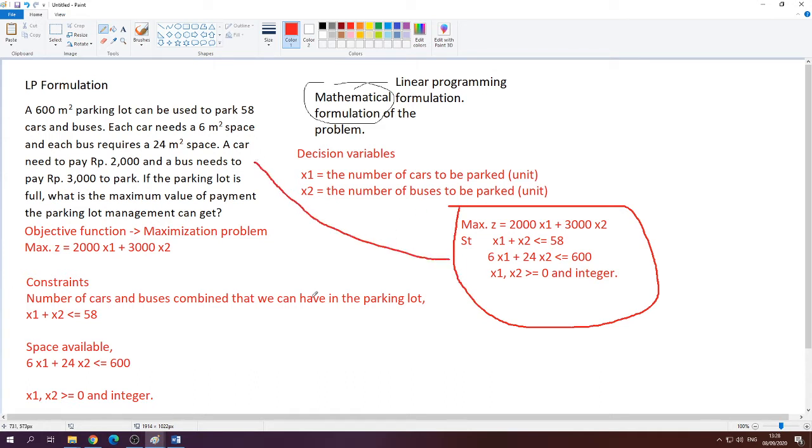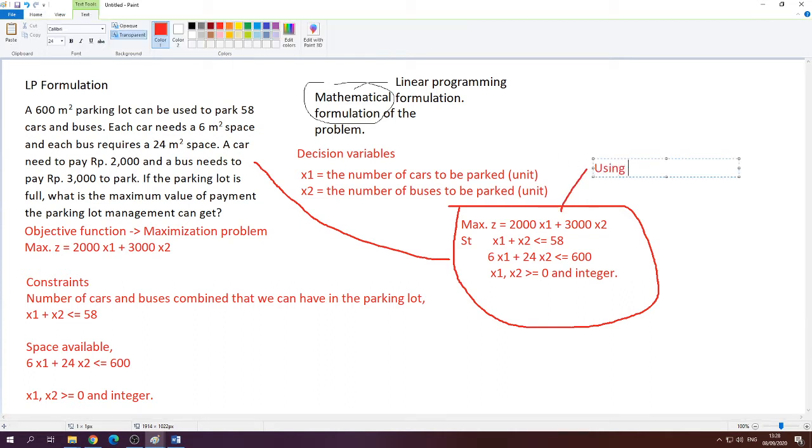Since we only have two decision variables here, x1 and x2, we can solve this problem using a graphical technique.